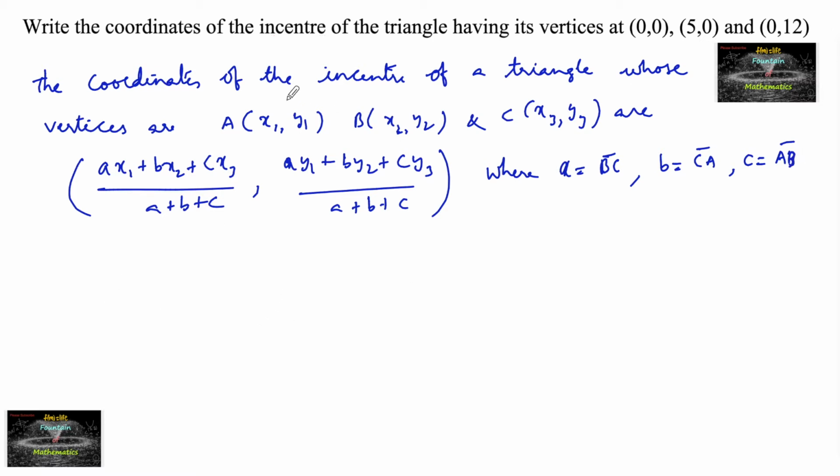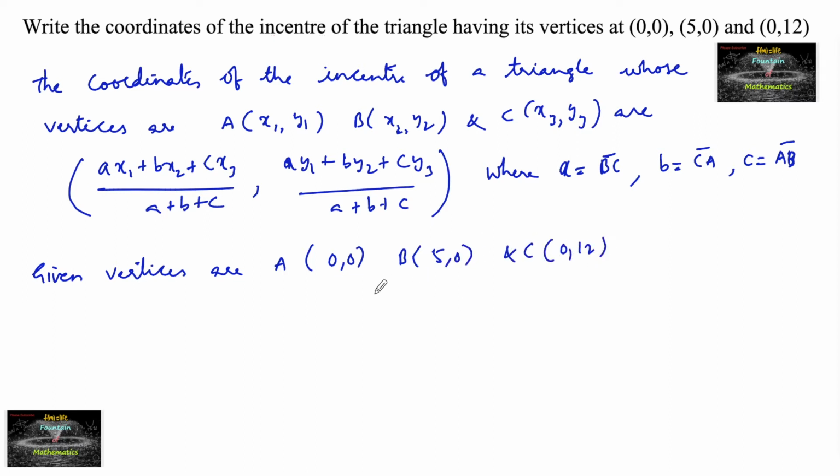Okay, now here in this triangle vertices are given. Vertices are, say, A(0, 0), B(5, 0) and C(0, 12). So clearly it has one vertex at the origin and the other vertices on the coordinate axes, so it's a right angle triangle.